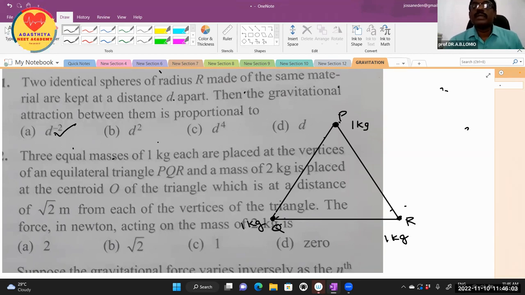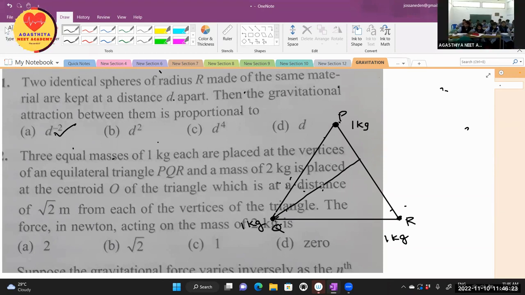And the mass 2 kg is placed at the centroid of the triangle. The centroid of the triangle will be the intersection of the line drawn from each vertex to the midpoint of the opposite side.